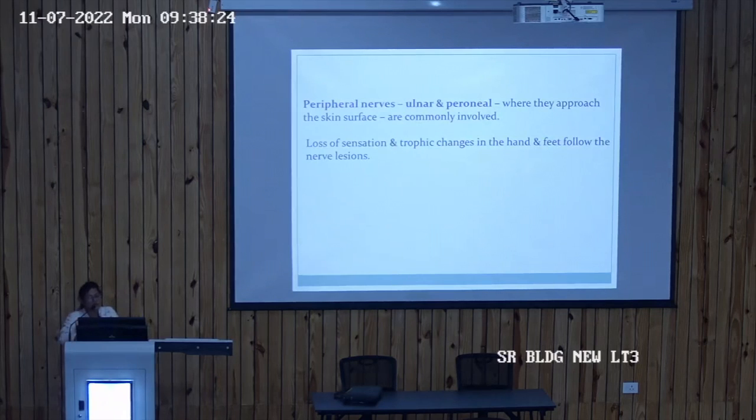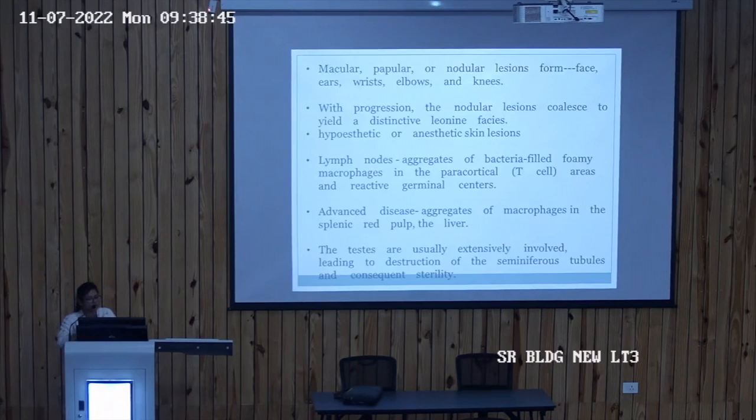So in lepromatous leprosy, the ulnar and the peroneal nerves are commonly involved, and there is loss of sensation and trophic changes in the hand and feet that follow the nerve lesions. As I already discussed, there will be numbness, loss of sensation of touch, pain, temperature, anything.